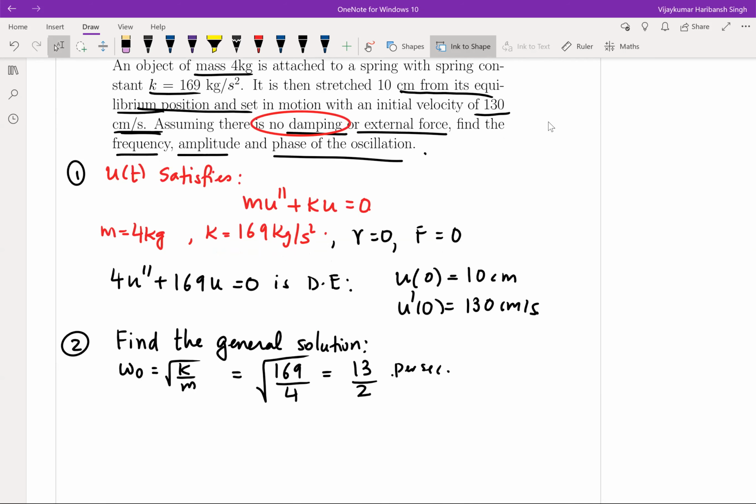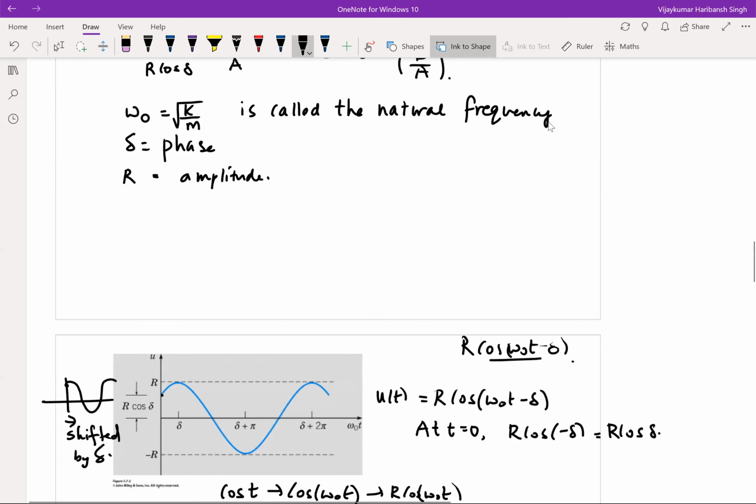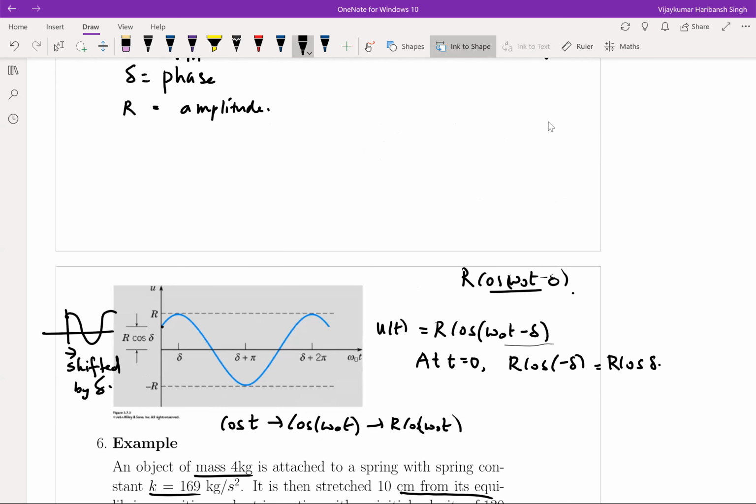Now, what is your u of t? The equation is given by u of t equals a cosine 13 by 2 t plus b sine 13 by 2 t. Again, what is our goal? Our goal is to describe the amplitude, the phase and the frequency, right?